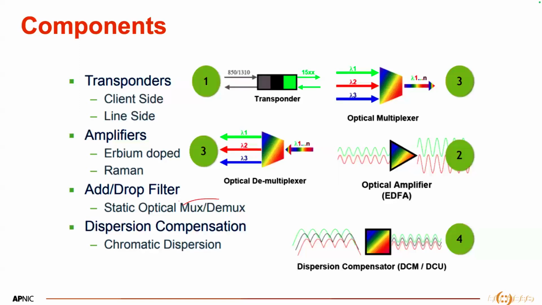Okay. Next, we have add drop filter or mux demux unit. So these add drop or mux demux units have the band of the whole wavelength range which this system is capable of serving, right? The whole C band or the L band or the odd C band or the even C band. The version can be different, the look can be different, the variation can be different, but it is what it is.